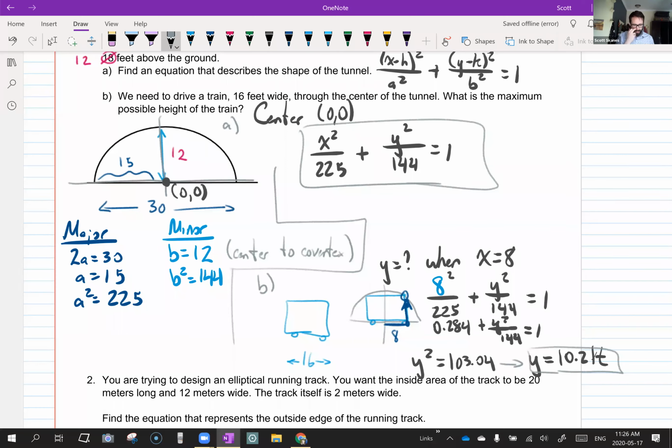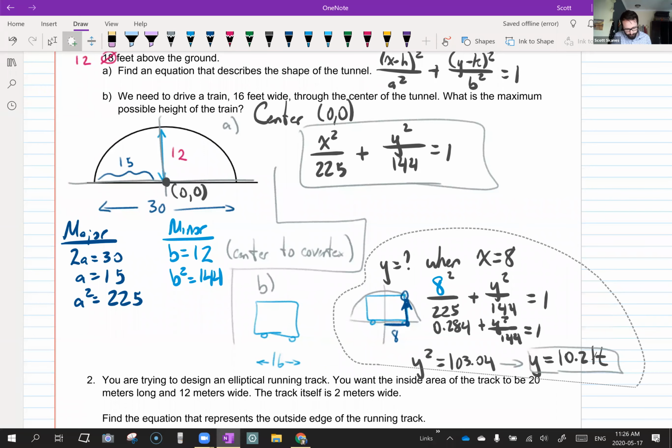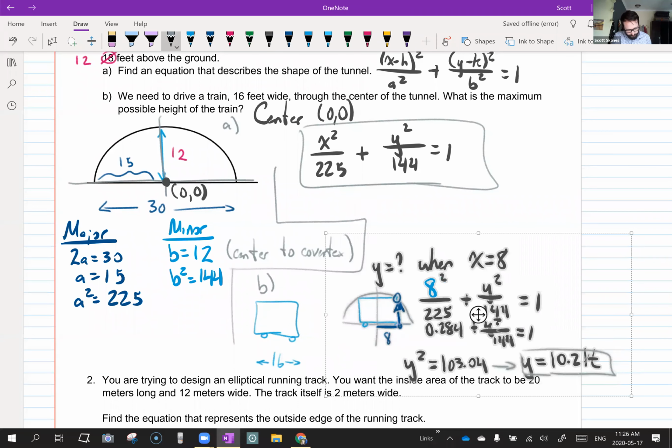So is there anything I seriously confused you with here? I'm just going to move things over just a little bit. It all fits in. How do we feel about that?